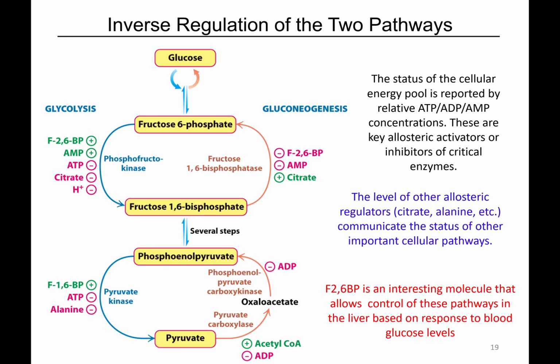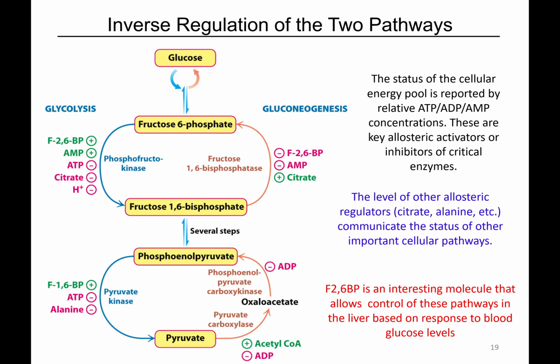A buildup of AMP means that we have depleted energy reserves. So this is activating phosphofructokinase. That makes sense. A depletion of energy means activating flux, increasing flux through glycolysis so we can make more energy. That makes sense. The reverse is true for gluconeogenesis.